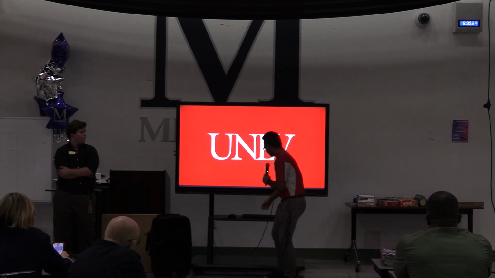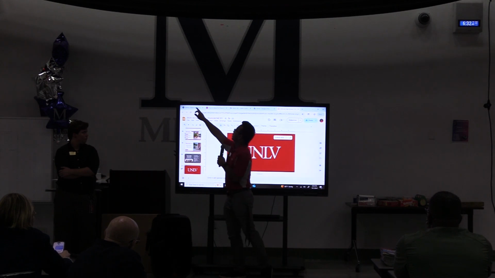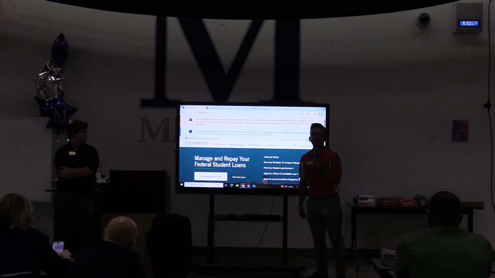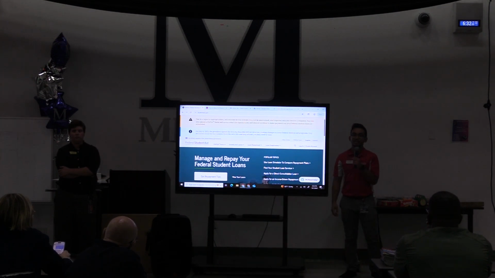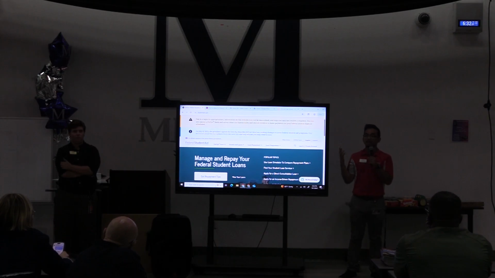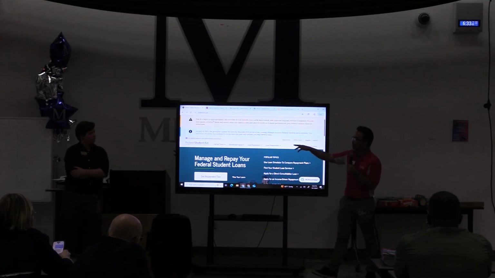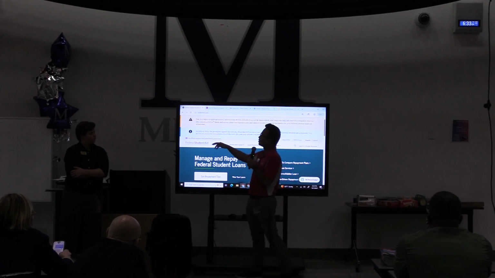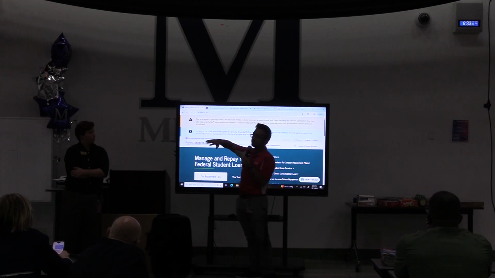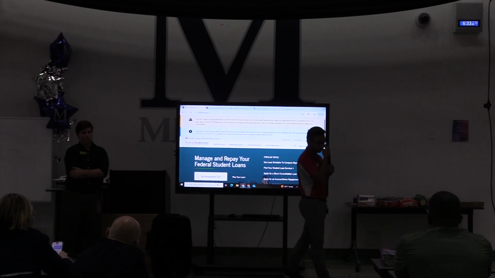Hearing and seeing none, we can get started. Has everyone already created their FSA IDs? Like, has everyone already created an account? If not, I can quickly go over it. All you have to do is go on your phone or your device to studentaid, one word, .gov, G-O-V.